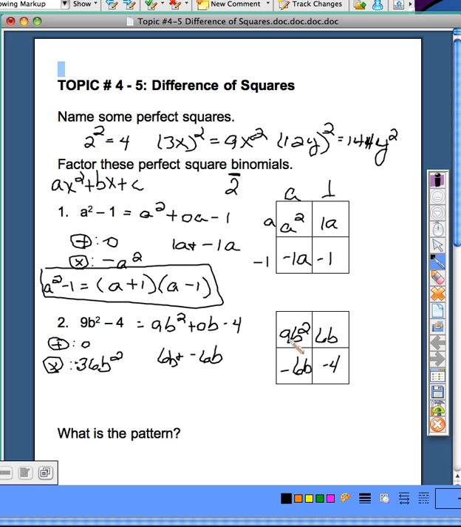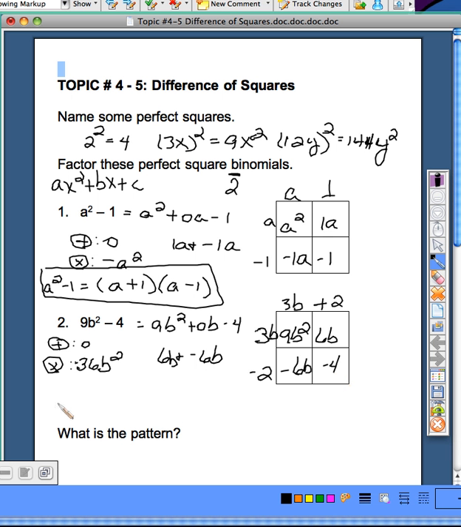All right, we can do 9 and 1 or 3 and 3. Since 6 is a multiple of 3, we're going to say this is 3b times 3b. That gives me the 9b squared. Then 3b times 2 will give me the 6b. 3b times negative 2 gives me the negative 6b, and then 2 times negative 2 is negative 4.